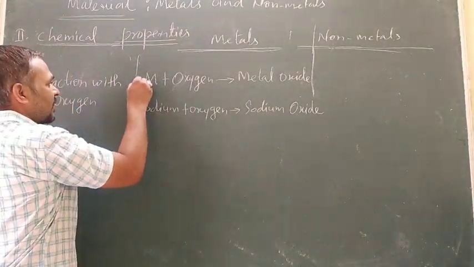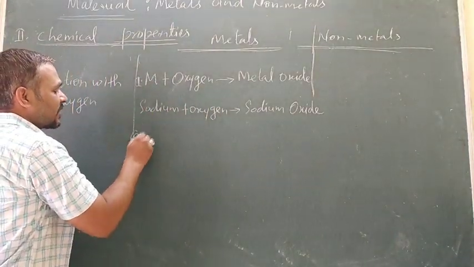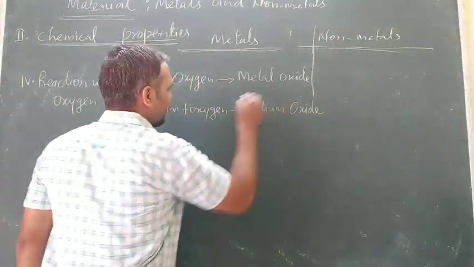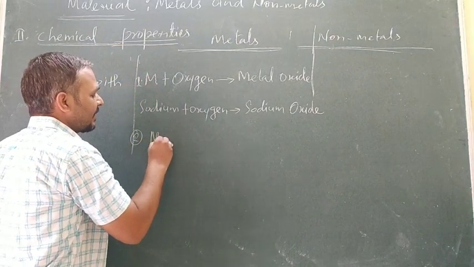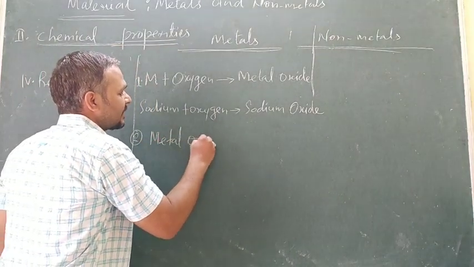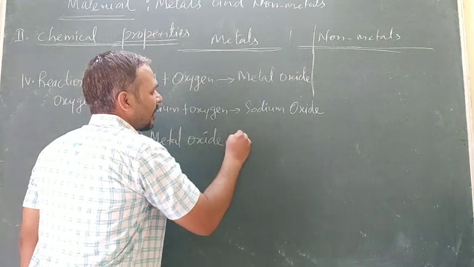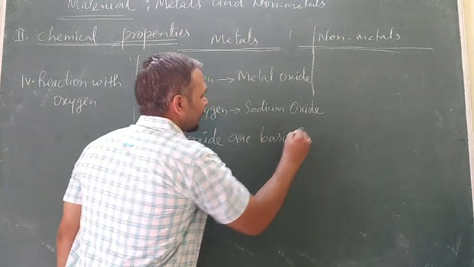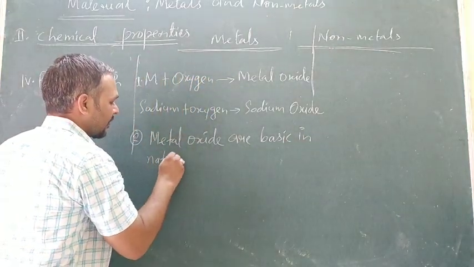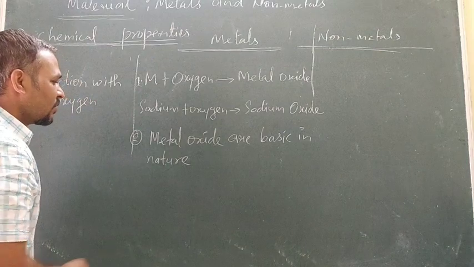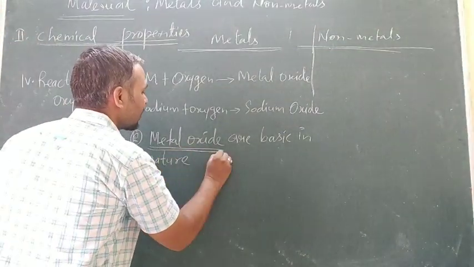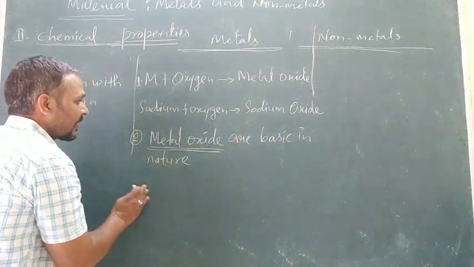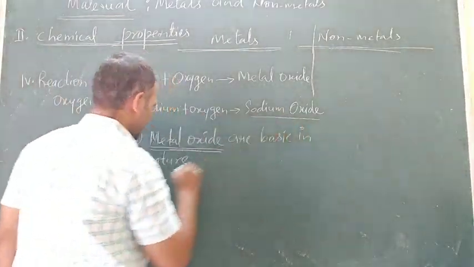This is the first equation. Second, metal oxides are basic in nature. How are you going to prove it? Simply take a metal oxide, for example sodium oxide.